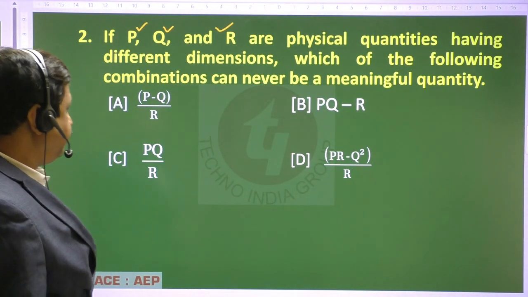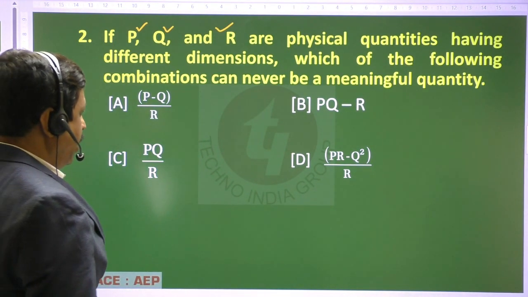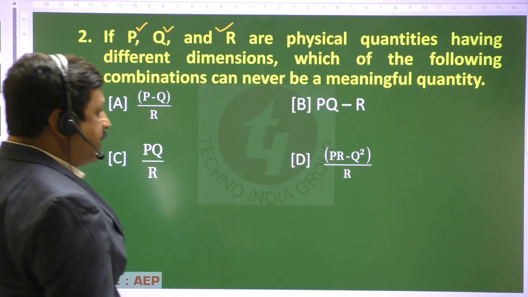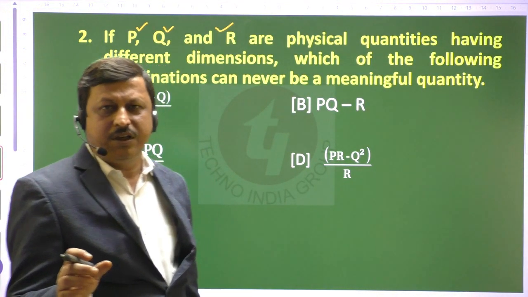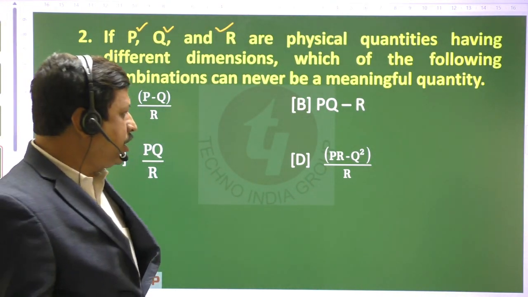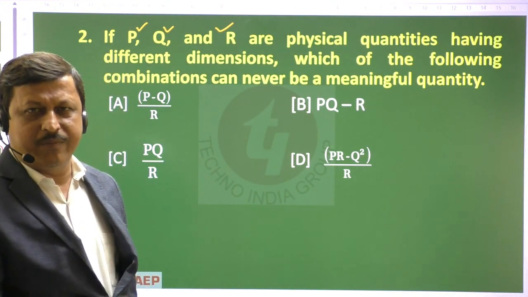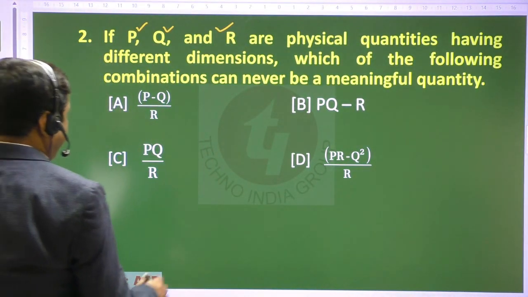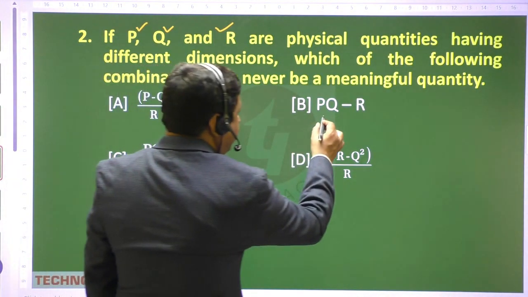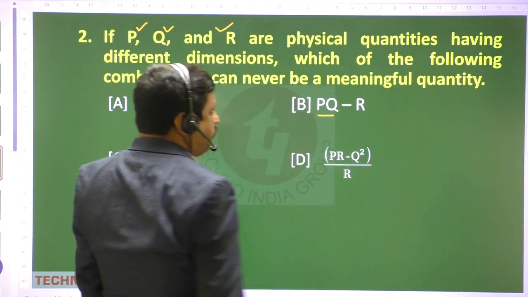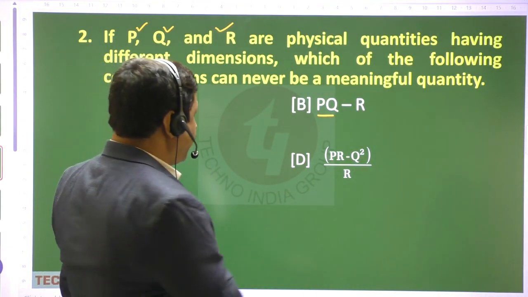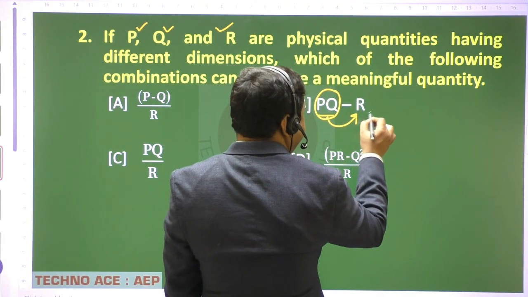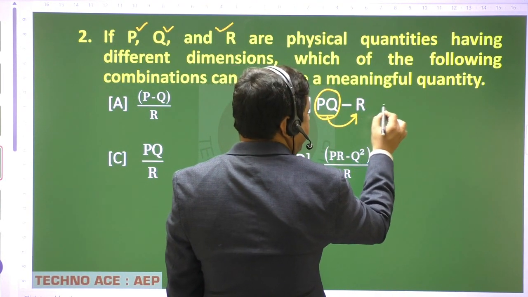You know that if there is a summation or subtraction, then the terms must have the same dimension, right? Here say option B: if the product of P and Q has the dimension of R, then you can solve this problem.